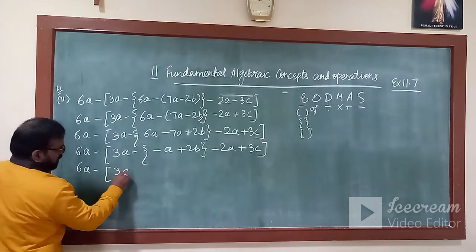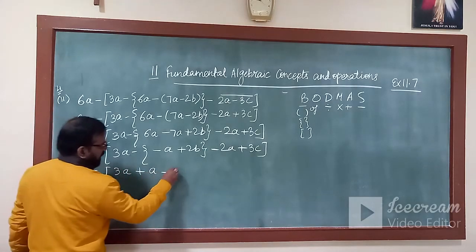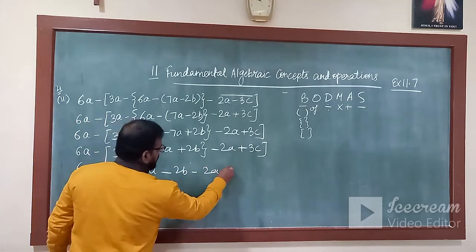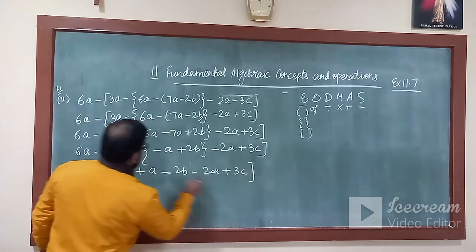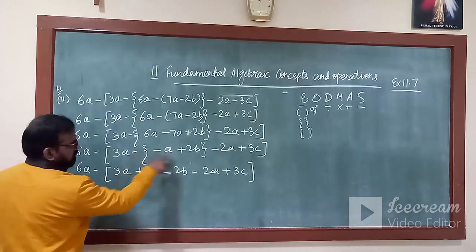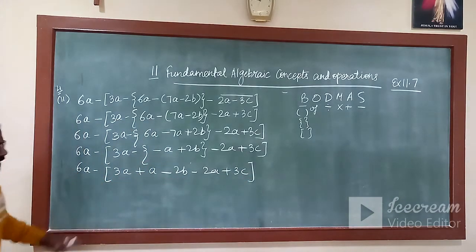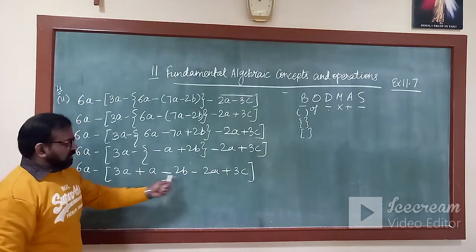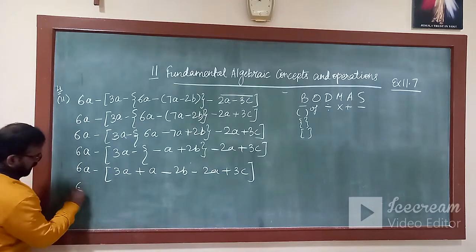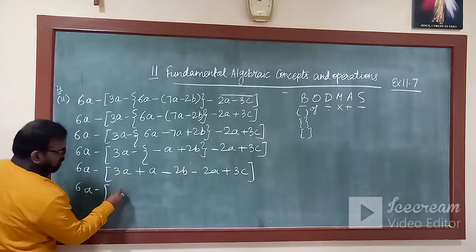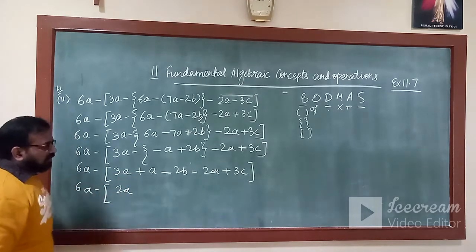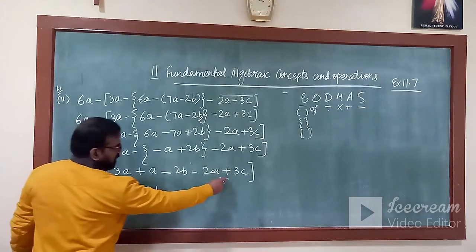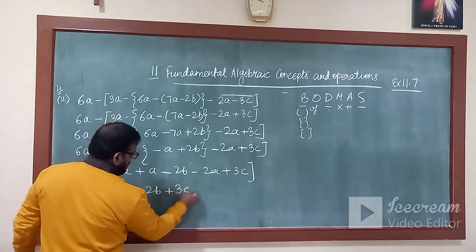So 3a plus a minus 2b minus 2a plus 3c. See, minus into minus is plus, minus into plus is minus. Now we will solve this. So 3a plus a is 4a minus 2a is 2a. Then this 2b is alike, so you cannot solve. Then it is plus 3c.